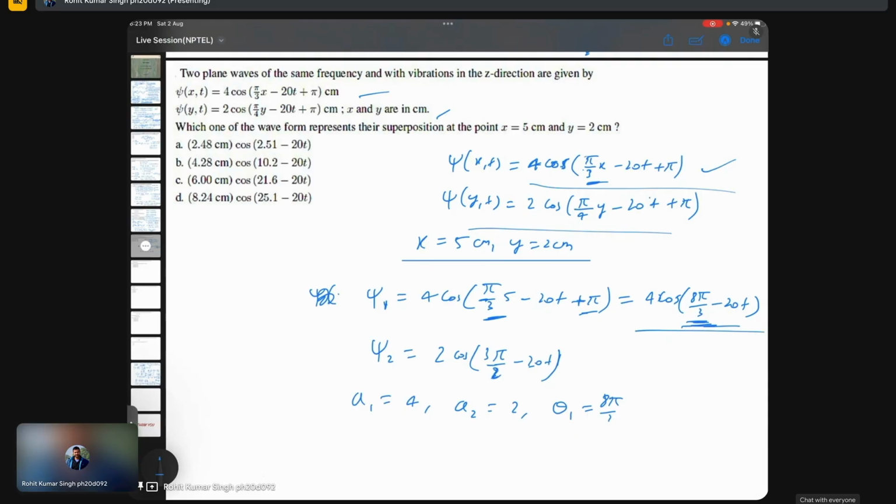Something like, yeah, it will be like 2.51, I think.